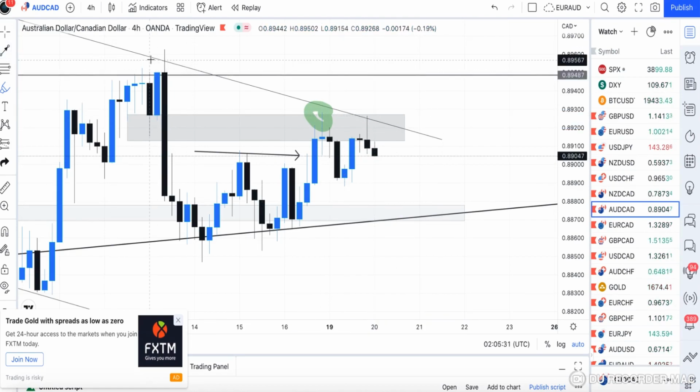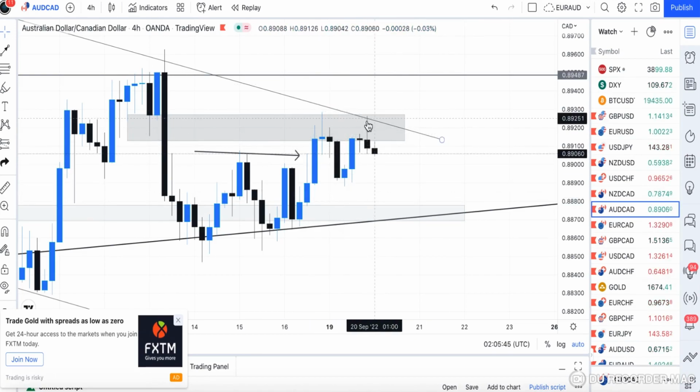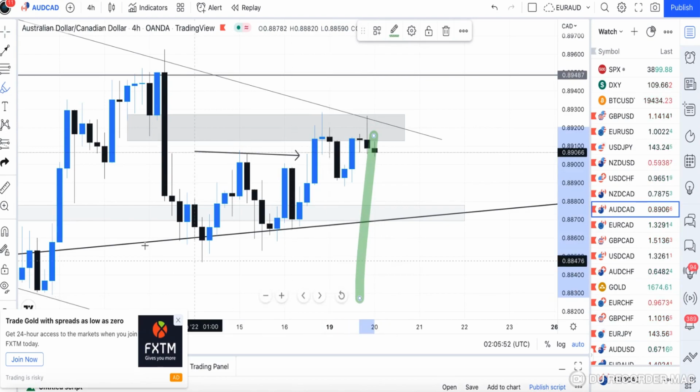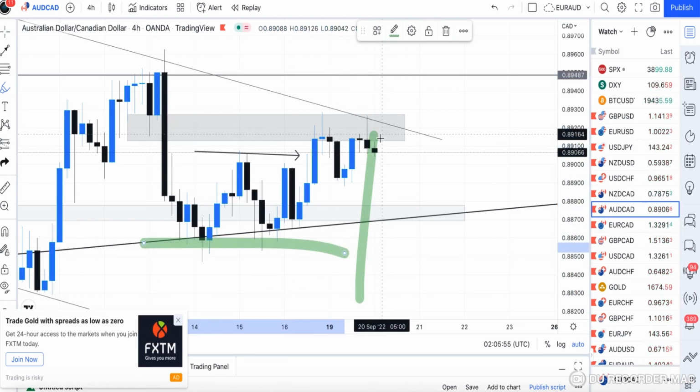So the first confirmation is the rejection of the trend line. The second one is after the break of structure, we have a respect of this particular trend line at that particular area. Then we have a double top, which might probably take the trend to the downside, because we have already seen a clear rejection, so we'll likely break below this 0.8853.